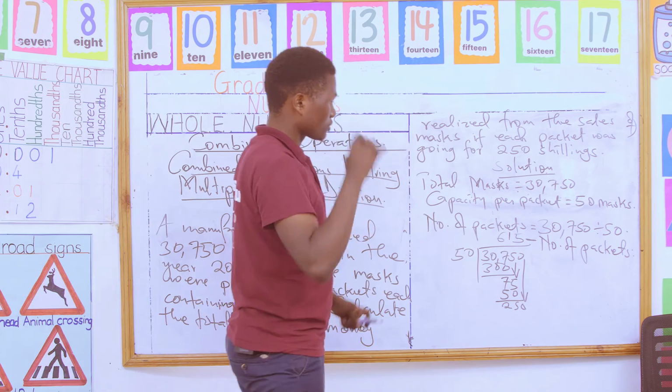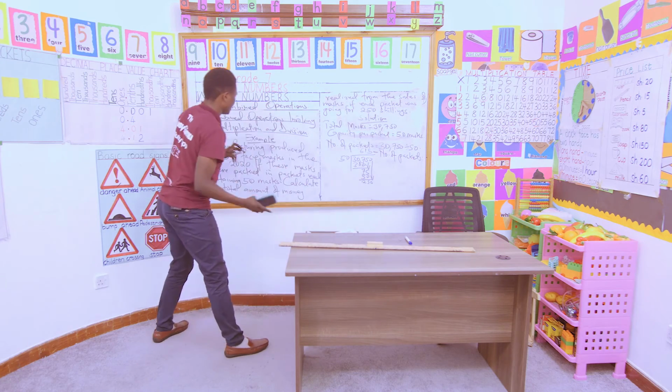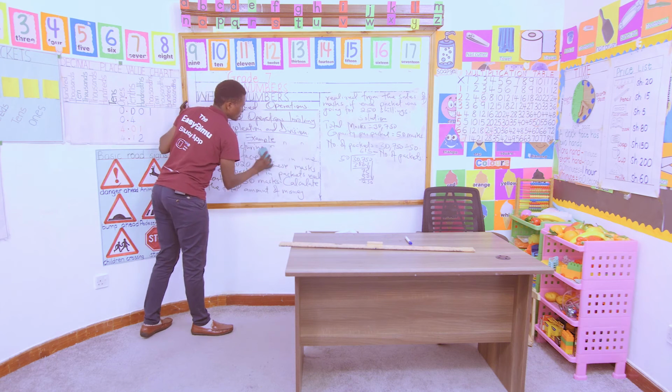So if each packet was going for 250 shillings, the total, allow me to clean this part. I believe you have written the question.